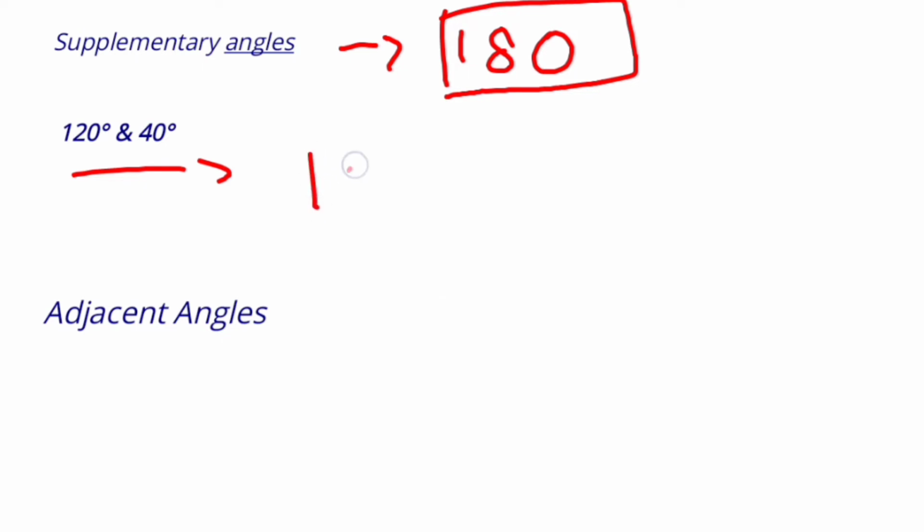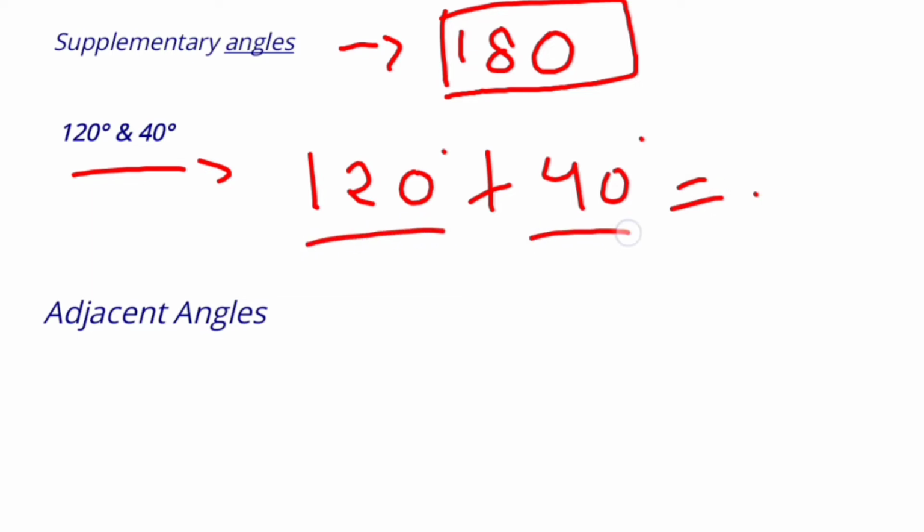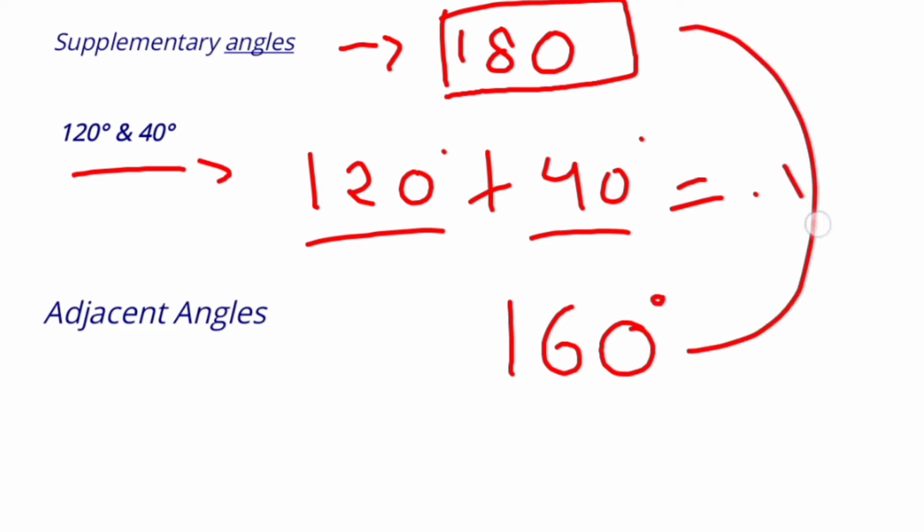So we'll add them. 120 degrees plus 40 degrees, add 120 and 40, you will get 160 degrees, which is not equal to 180 degrees. This means 120 degrees and 40 degrees don't form a pair of supplementary angles.